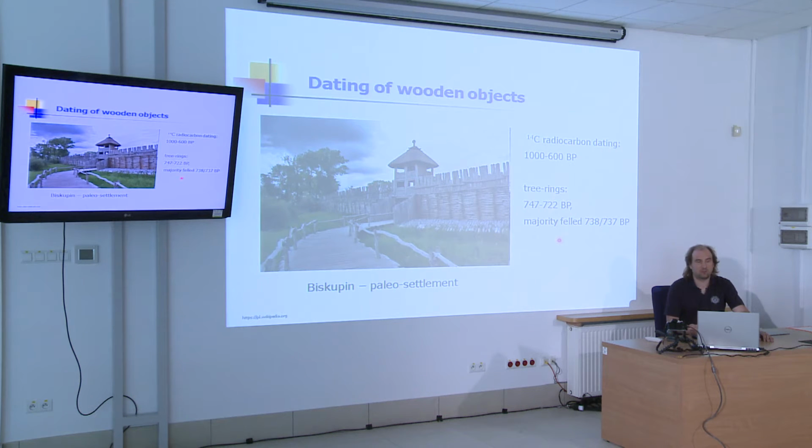Of course, we've got other dates as well, which means that the wood was used again, or some parts of the buildings or the pavement or the walls, as you can see on the pictures here, were reconstructed. Some corrections were made, or new, additional buildings were created.